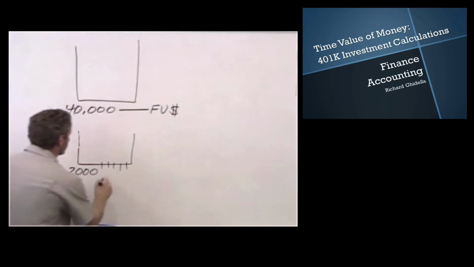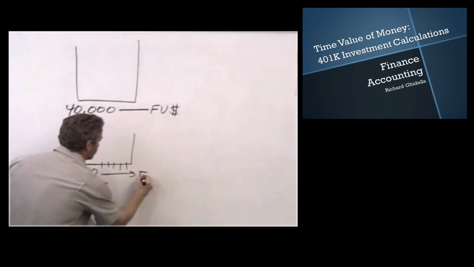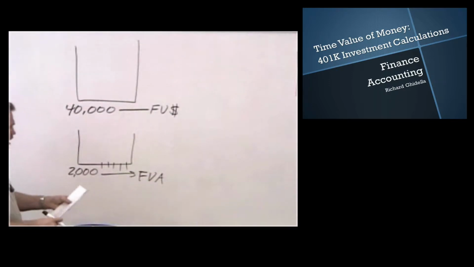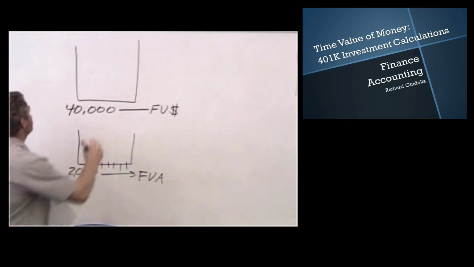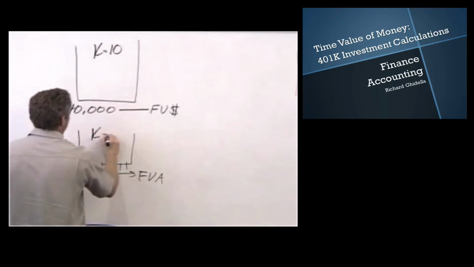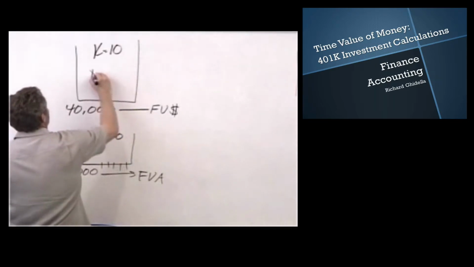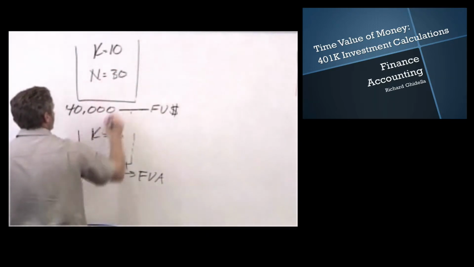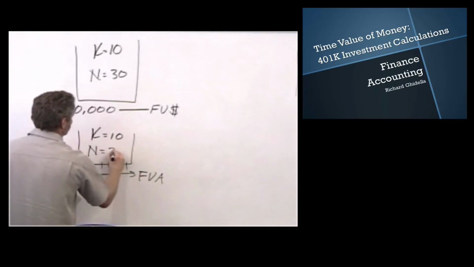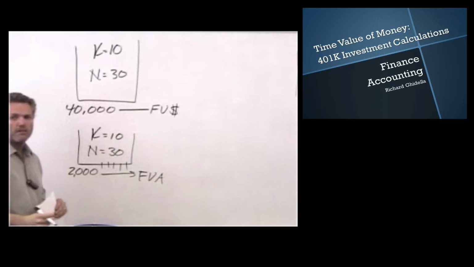So we're going to bring this one forward at the future value of an annuity. And we said that we're going to get a 10% rate of return. So K equals 10, and N equals 30. We're going to use 10 because 10 is the long-range average of the stock market.